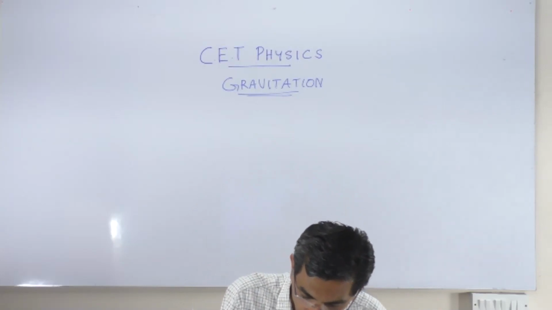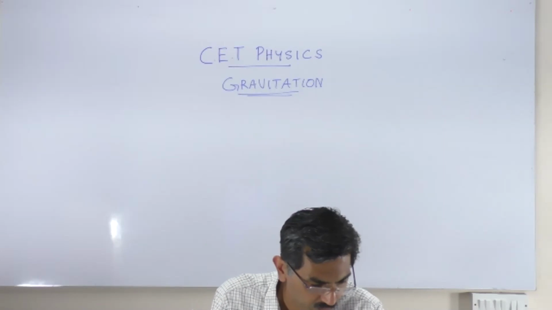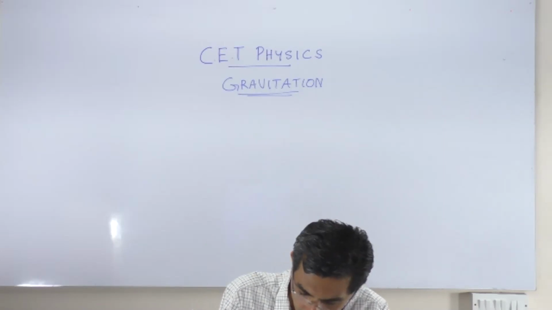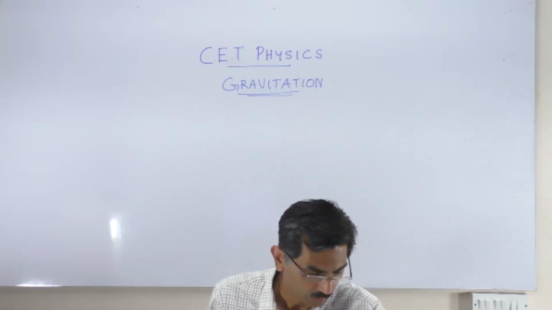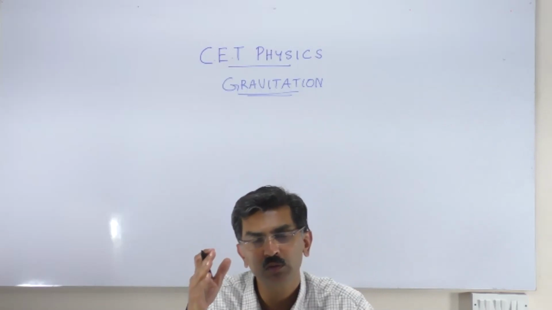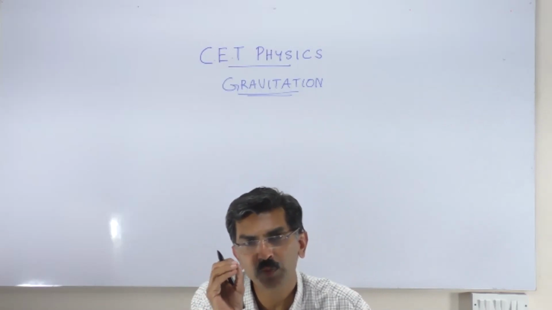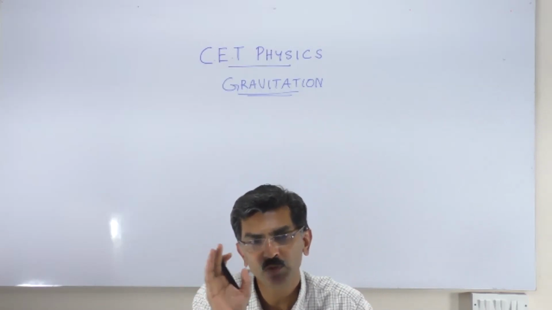Now the escape velocity at any point is given by this. So what is the velocity with which the object has been fired? It has not been fired with escape velocity.